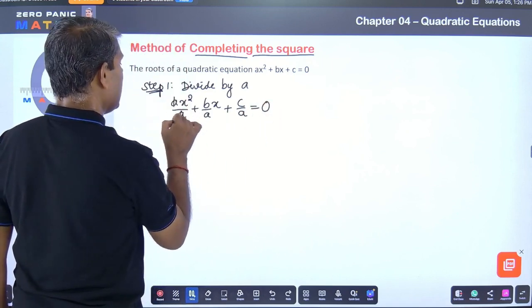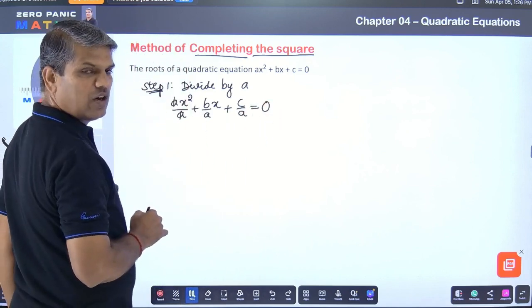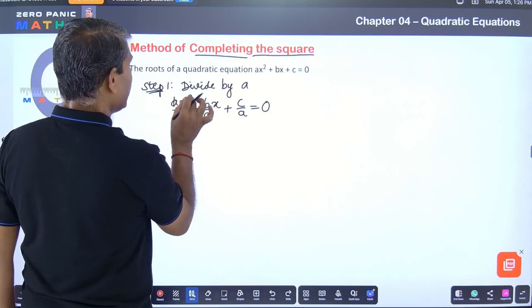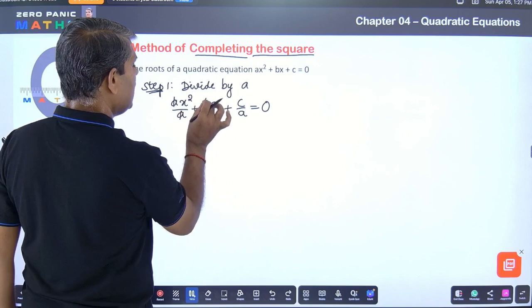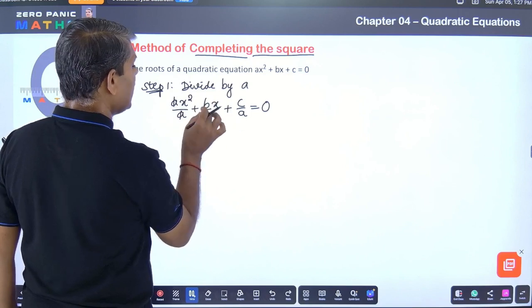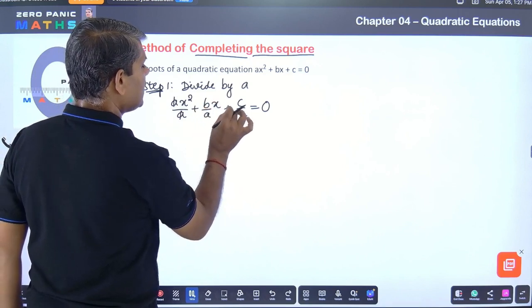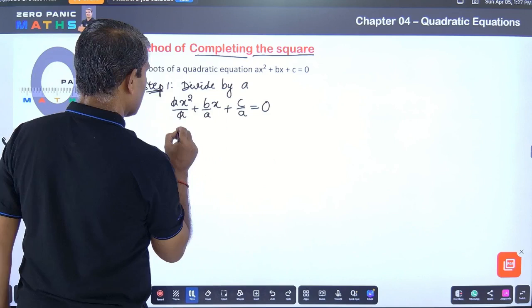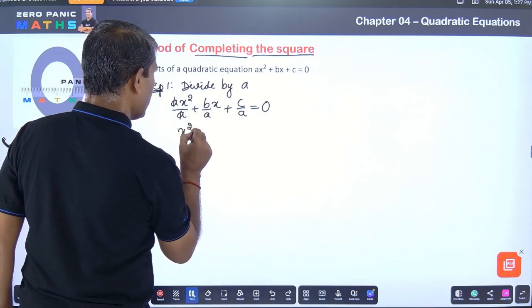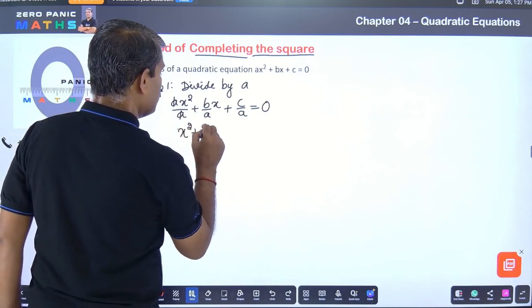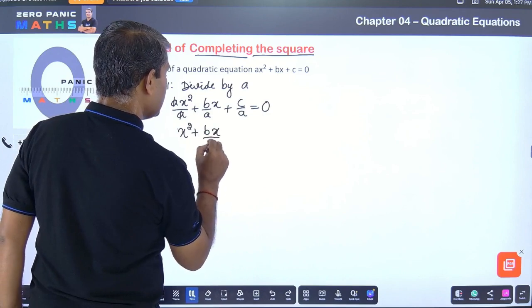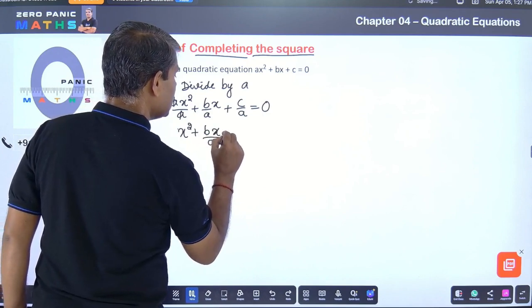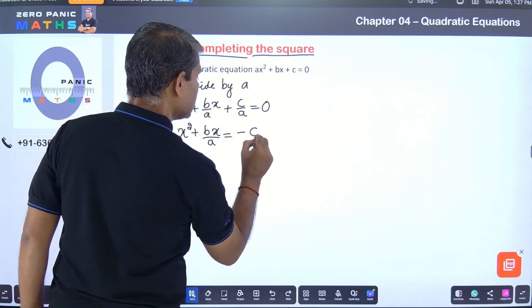So a got cancelled. Let us keep x square plus bx divided by a, or b by a into x, and take c by a to the right side. So that is x square plus bx by a is equal to minus c by a.